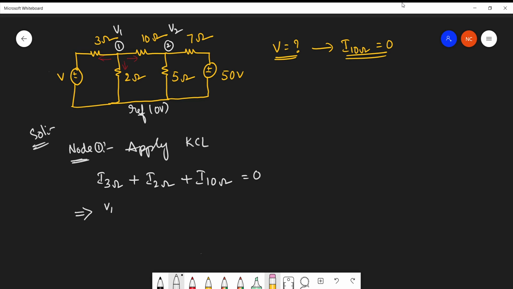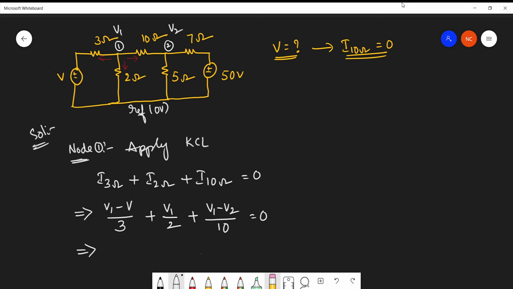So this is (V1 minus V)/3 plus V1/2 plus (V1 minus V2)/10 equals 0. If we solve this equation, we get equation 1. I just solved that one.